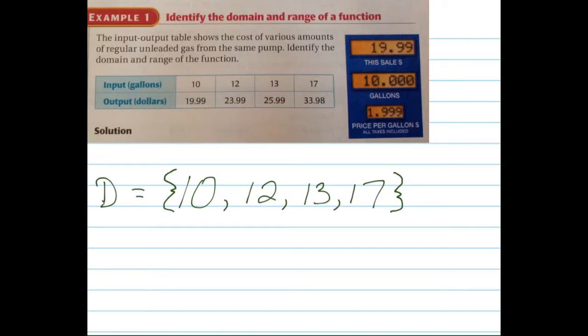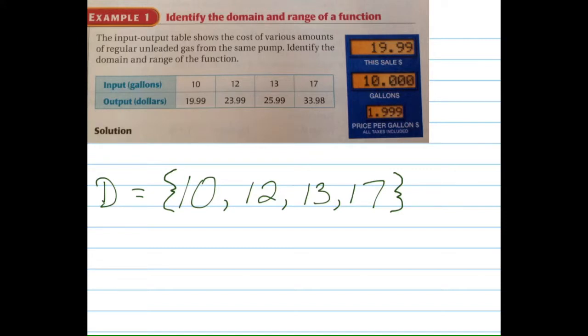In other words, our domain equals the set 10, 12, 13, and 17. Those are the only numbers they give you in that table, so that's our only defined domain. We don't say 10 through 17 because we don't have 11, 14, 15, 16, or 11.5 or 12.7. We don't have those numbers. All we have is 10, 12, 13, 17. So that's our domain.